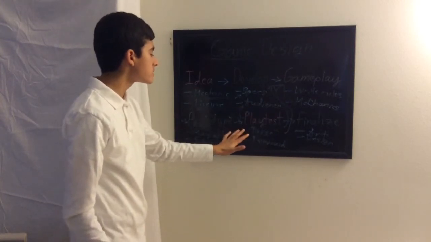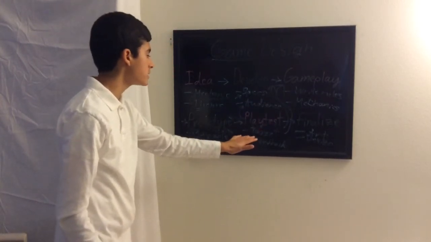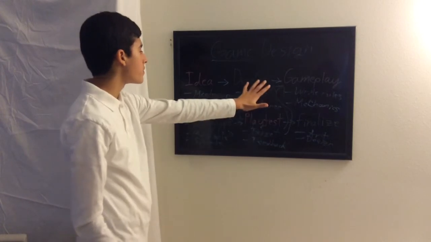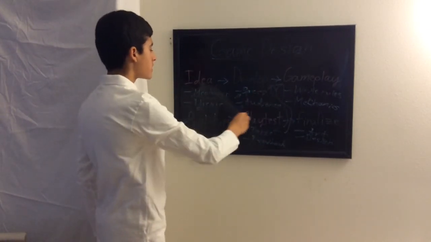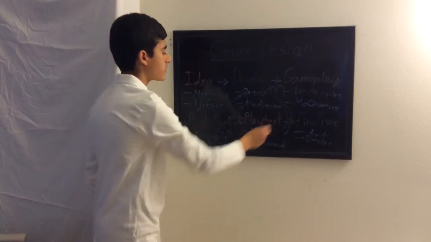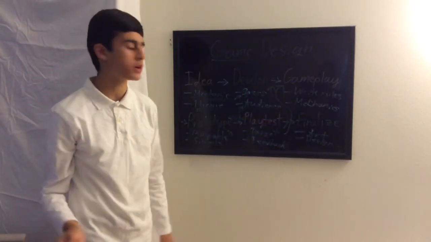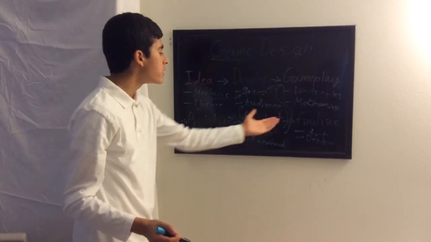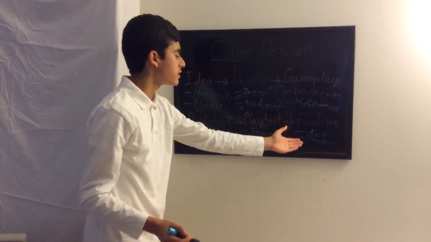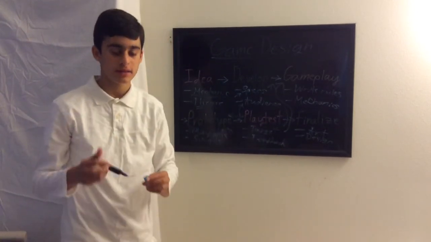You playtest with your target audience, get feedback, go back to your other aspects and revise them. Go through this cycle several times until the game is running smoothly and it's clear to everyone and it accomplishes any goals it may have. And you finalize, you consider art, design, and anything else that's left.